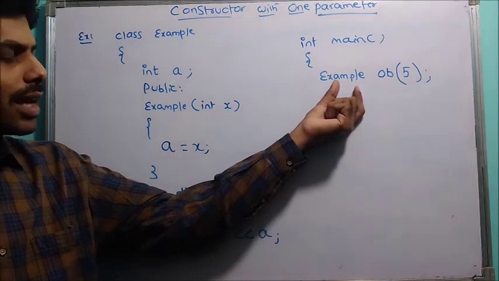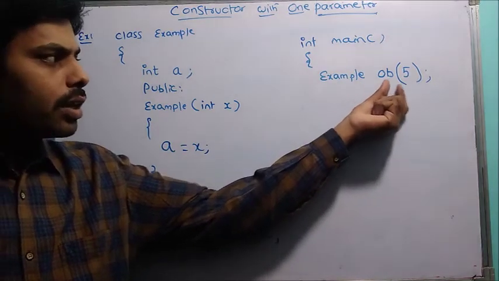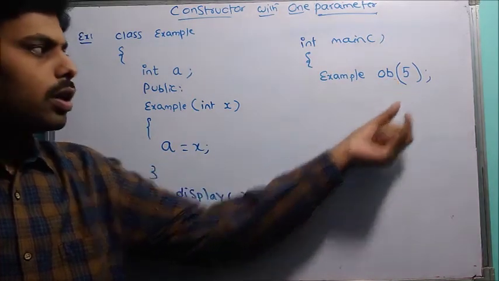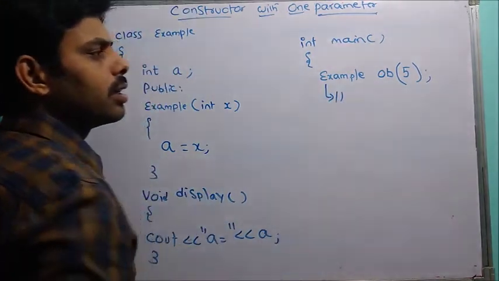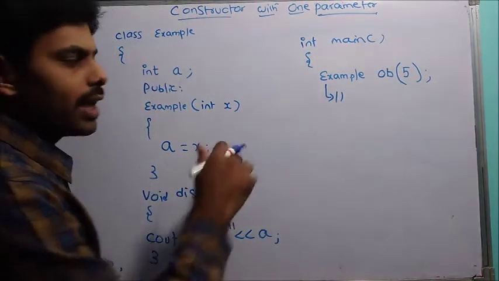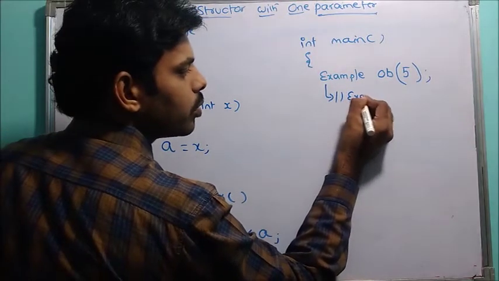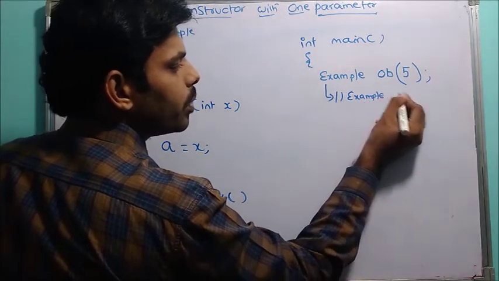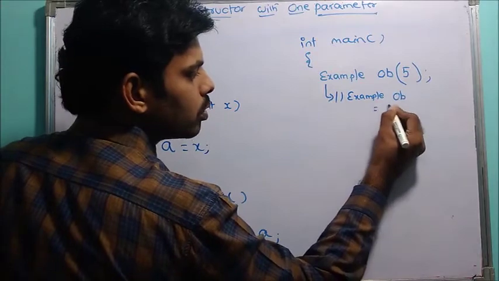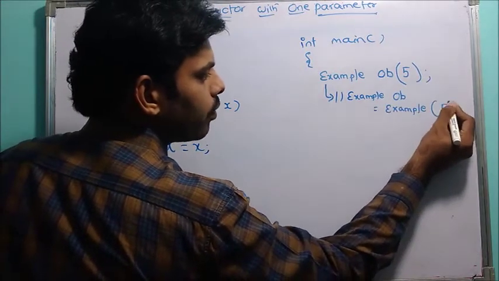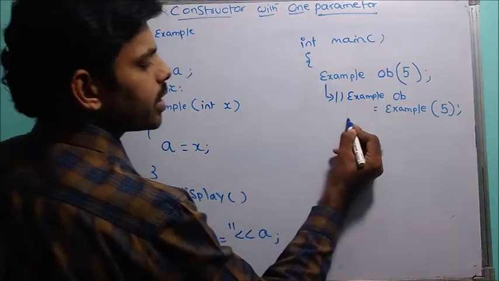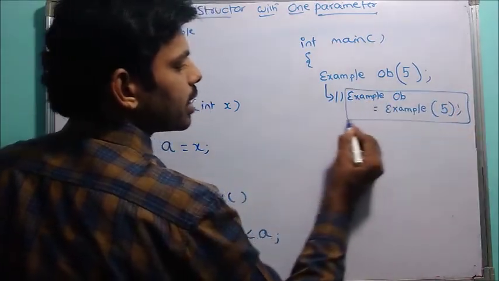If you see this, example OB of 5, internally it will be executed like this: example OB equal to example with one parameter 5. This is the statement executed internally.